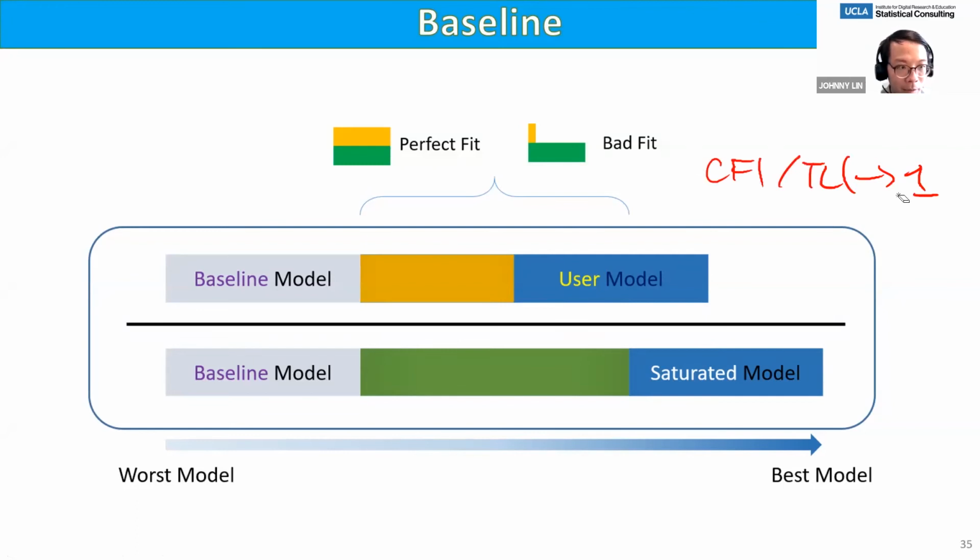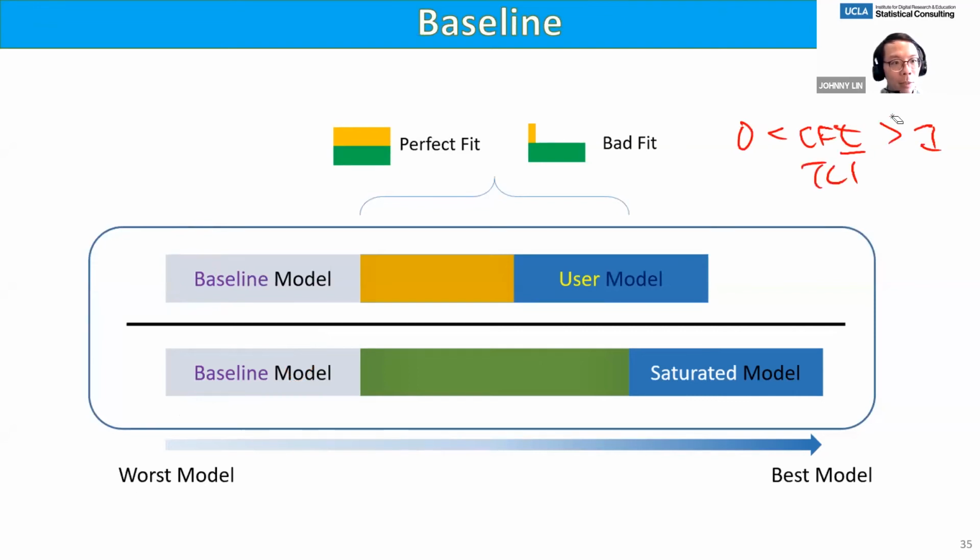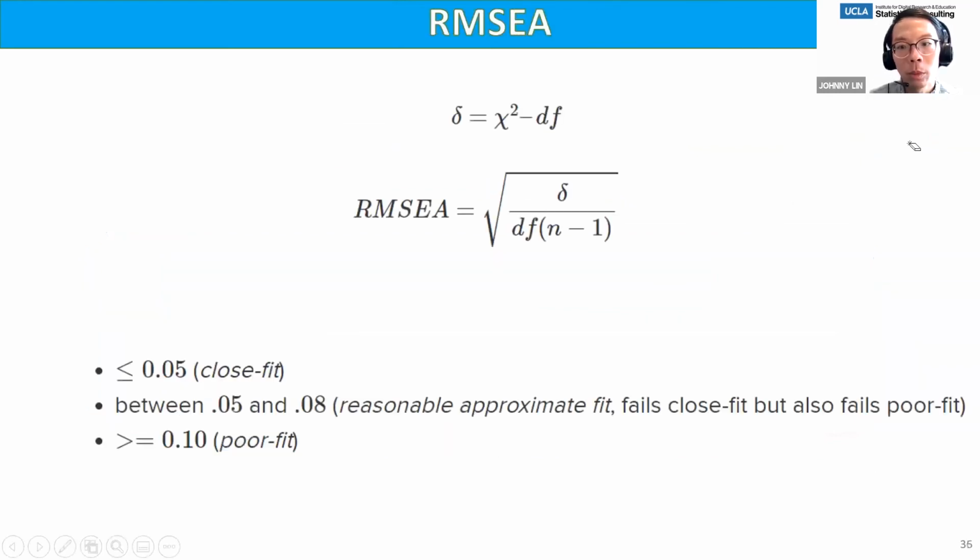Now, if you think about the opposite, if your user model is shifted towards the baseline model, you're going to approach 0, right? 0 over 1 is 0, so that's bad. That is why you want the CFI and TLI to be between 0 and 1, but approaching 1. Okay, so that's the rationale for why you want a CFI or TLI to be close to 1.